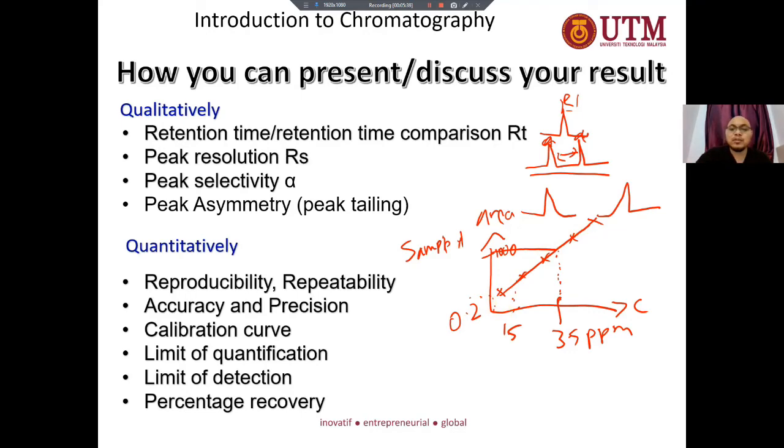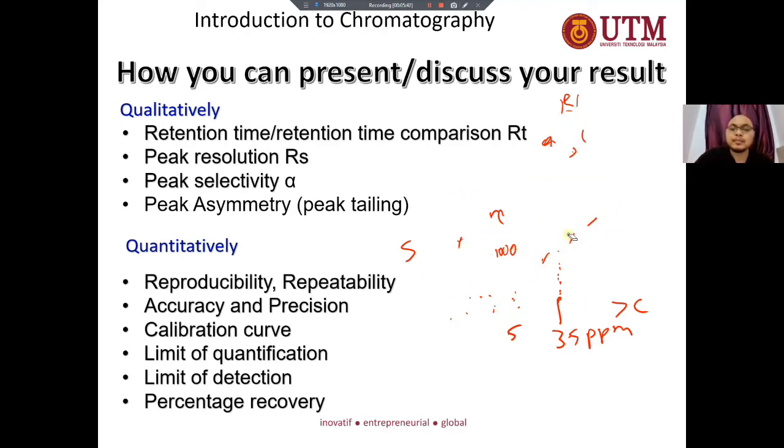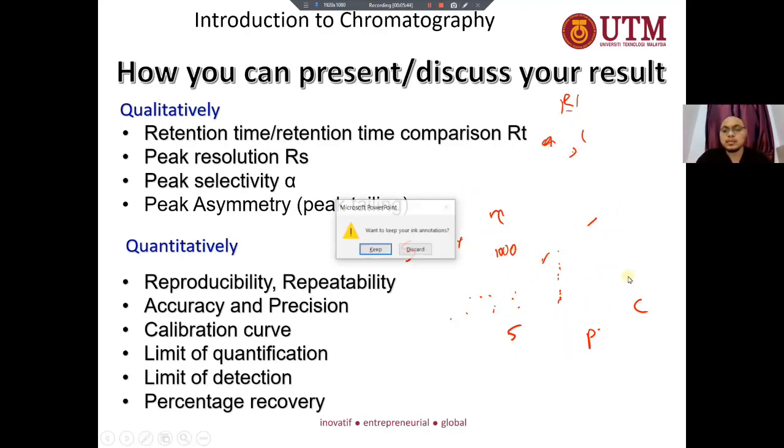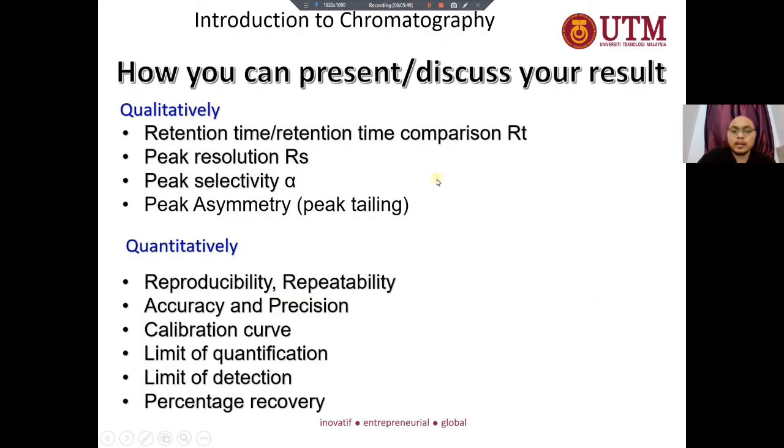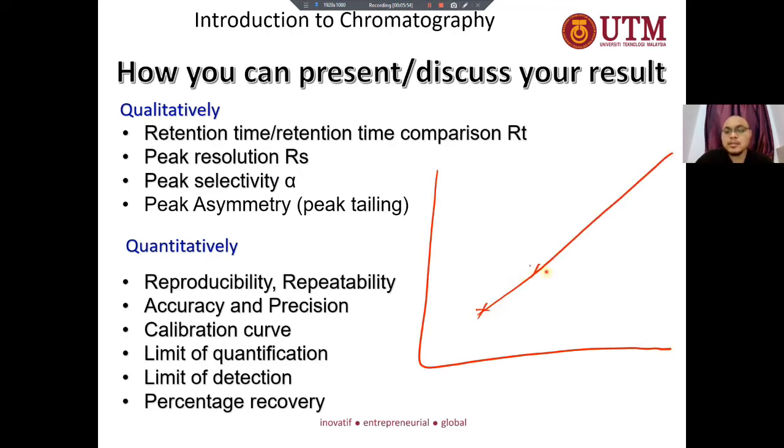Maybe I need to draw a little bit larger. Later I just discard. Okay, let's say here is the calibration curve. Maybe here is your LOQ, and here is your LOD, 0.2 ppm.